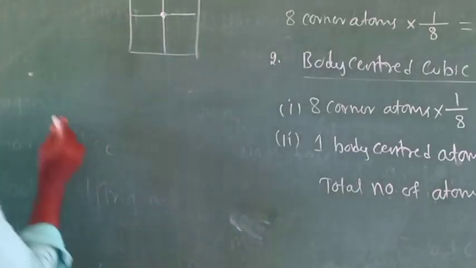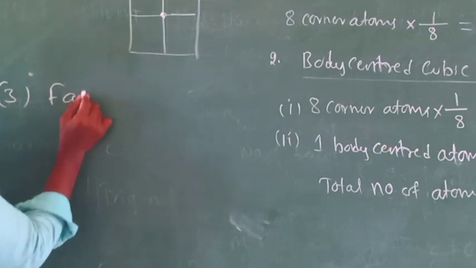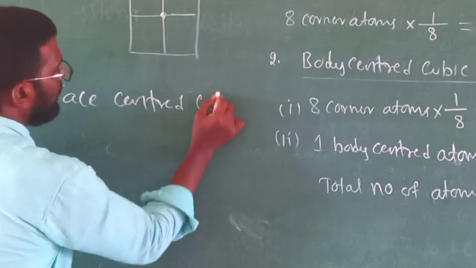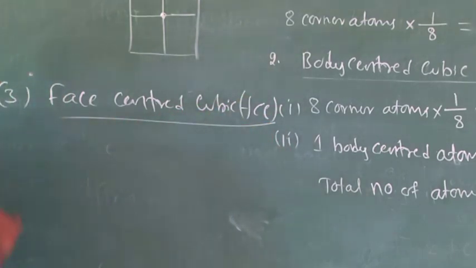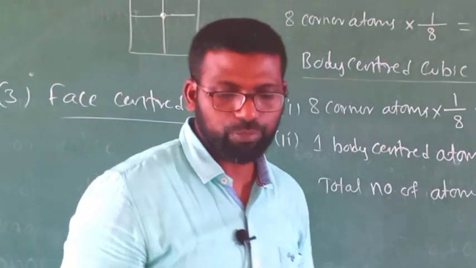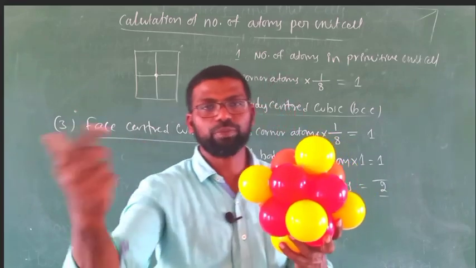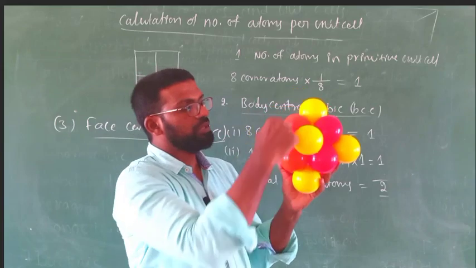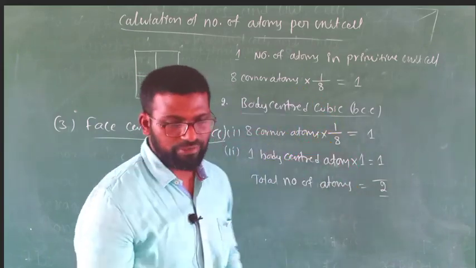I'll write here, the third one, face-centered cubic, that is FCC. What is the arrangement of particles in face-centered cubic? In a previous lecture I said that 8 particles are at 8 corners and 6 particles at 6 faces.